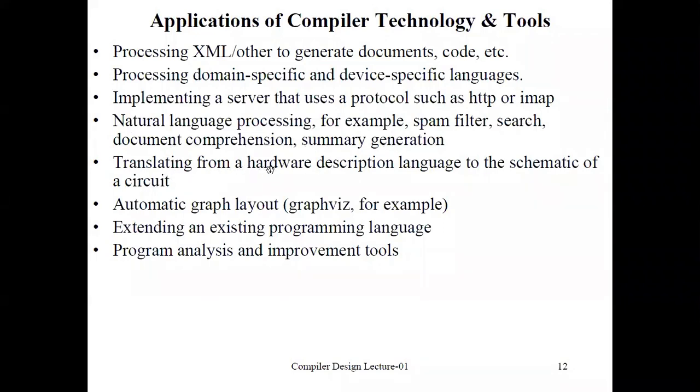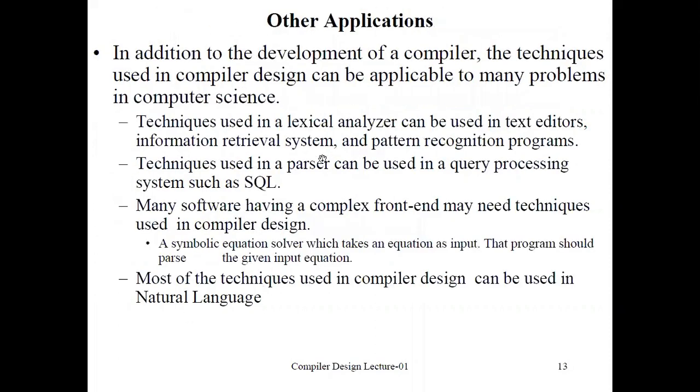Then translating from a hardware description language like VHDL to the schematic of a circuit. Automatic graph layout, like GraphViz, is one example. Extending an existing programming language with further extensions. Program analysis and improvement tools. These are some of the applications of compiler technology along with tools. Other applications we already covered phase-wise.